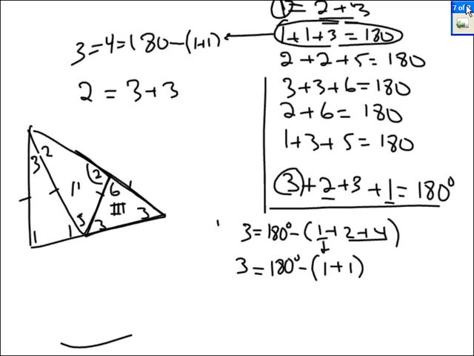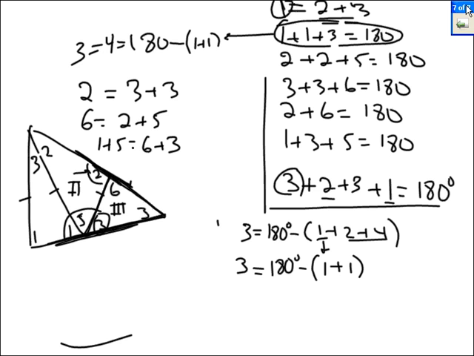Likewise, if you go into triangle number 2 and you extend it the same way, I know that angle 6 is not that 2, but the other 2 angles, 2 plus 5. Now, if you also extend triangle number 3 that way, you know that 1 plus 5 is not 3, but 6 plus 3.